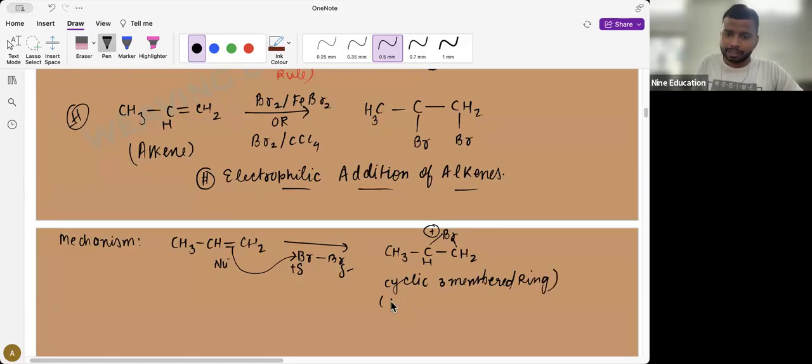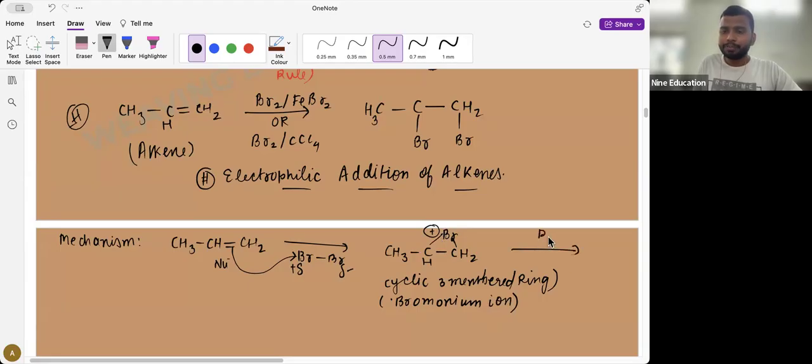This is an intermediate in this reaction, और 3 मेंबर्ड इसको कहते हैं ब्रोमोनियम आयन. Bromine positive on bromine.